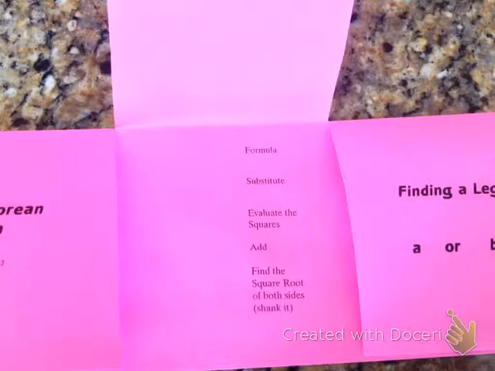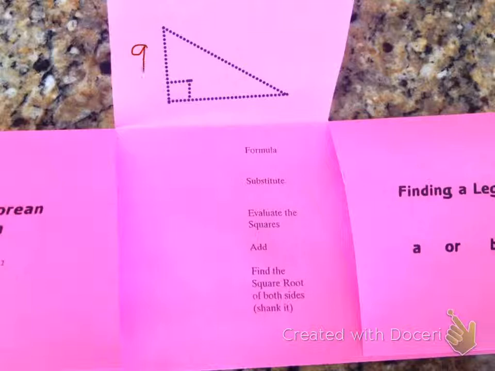Let's move on. Let's go to flap 2. So flap 2, we are finding the hypotenuse. So let's put an example up here. And we'll do, let's do 9, and let's do 12.